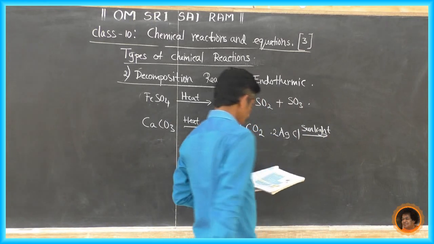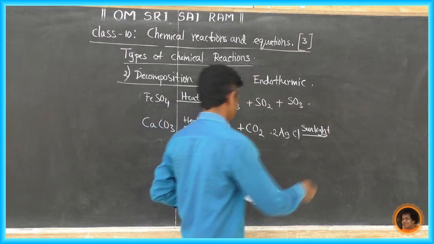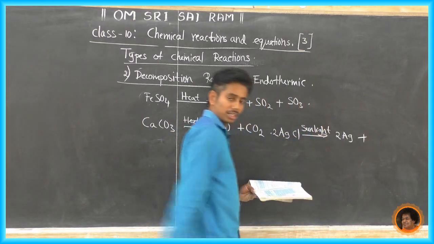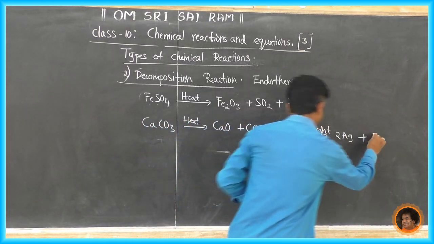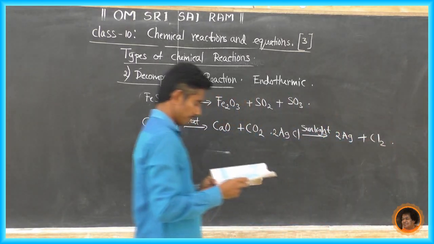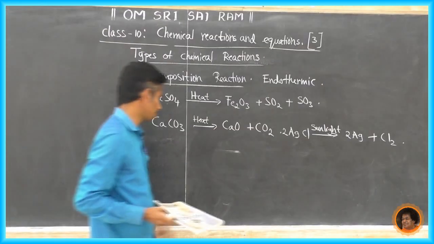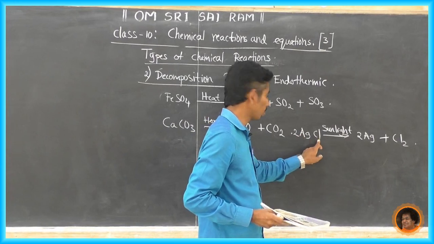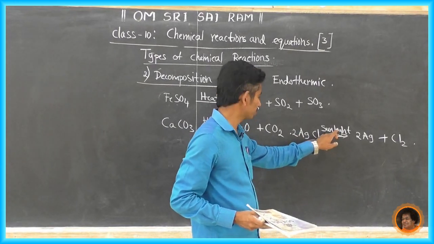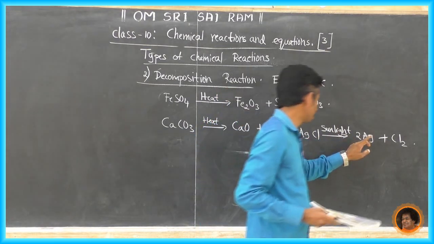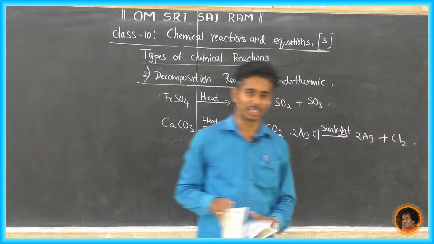When it is exposed to sunlight, it breaks into silver plus chlorine. This is also an example of a decomposition reaction. Why? Because silver chloride, exposed to sunlight, which supplies the energy, decomposes to silver and chlorine.